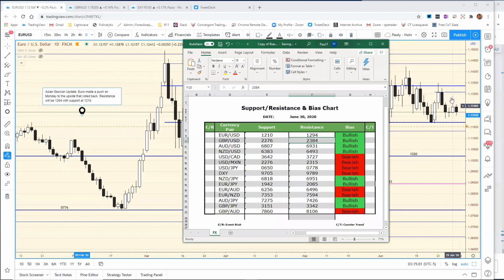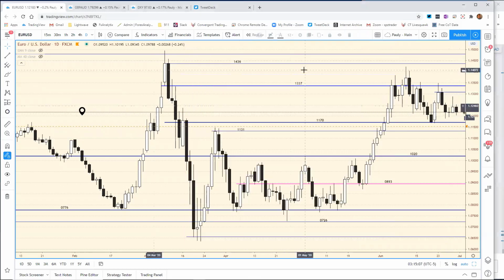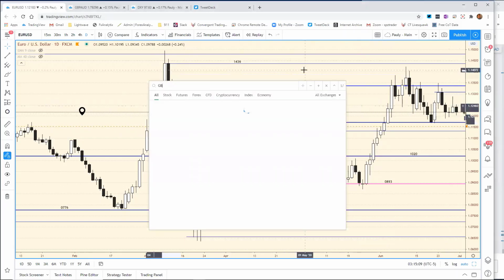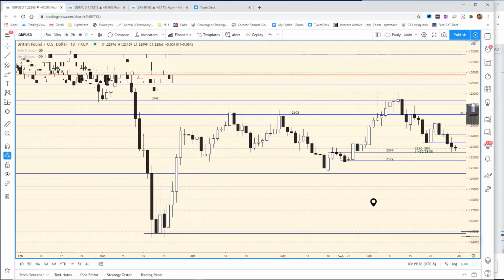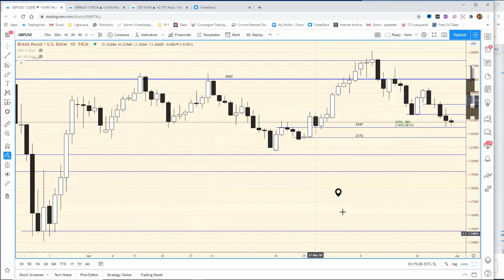We made that push up on Monday, but we just didn't do a whole lot with it, kind of holding here at this support area. Let's move into the cable.